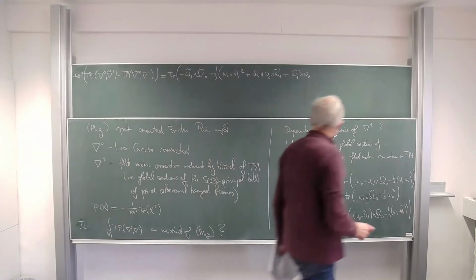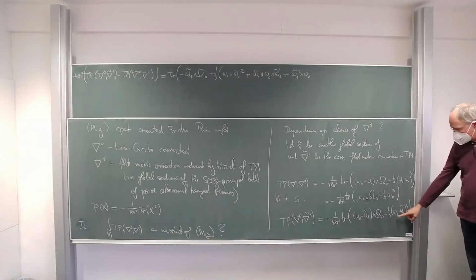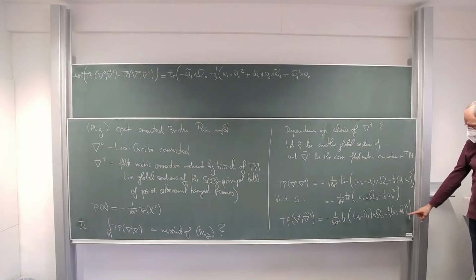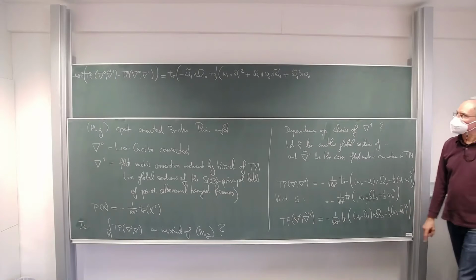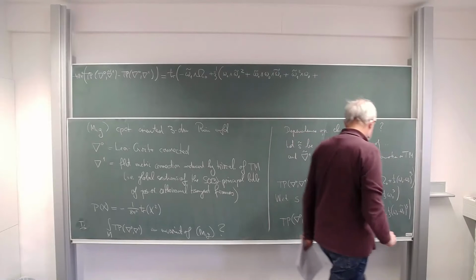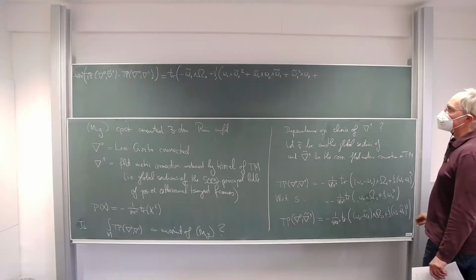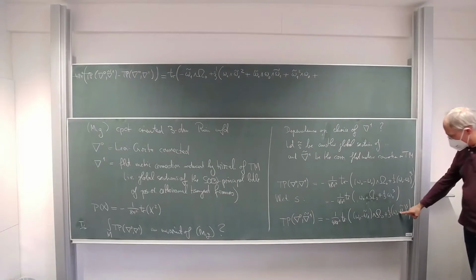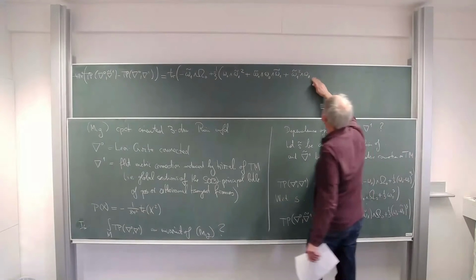And now we have the terms which are quadratic in omega 1 tilde and linear in omega 0. Okay, the linear in omega 0 terms, I have to be careful with the sign here, so I get a minus.